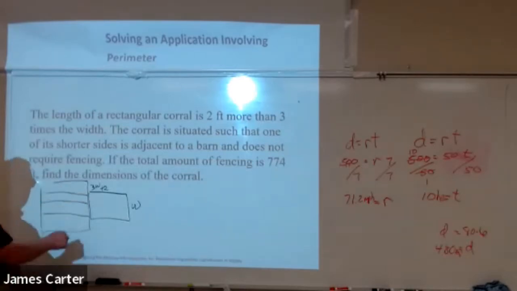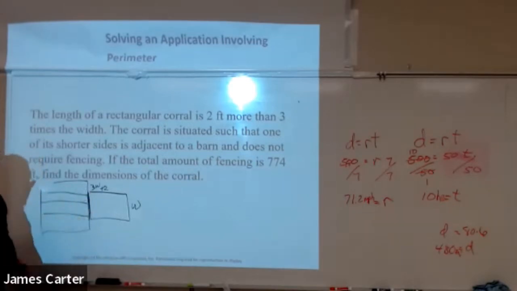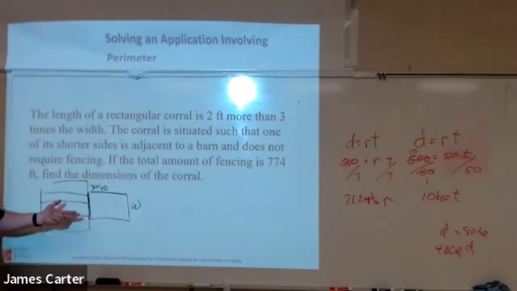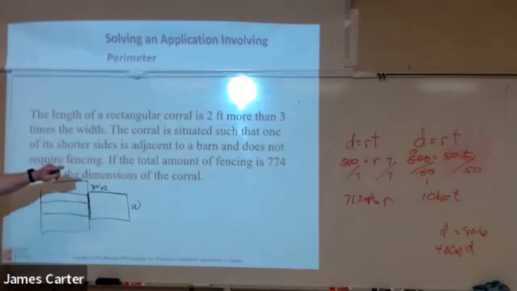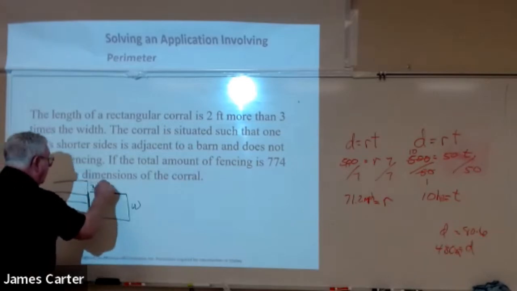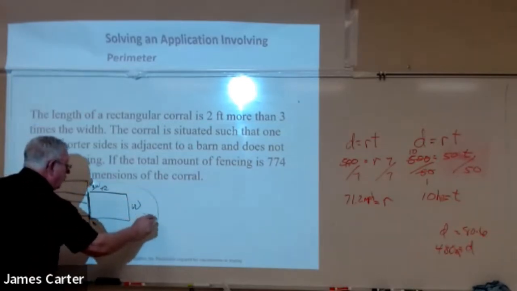So this is what we're talking about. They don't really need fence because they've got a building. This part doesn't require fencing. If the total amount of fencing is 774 feet, what are the dimensions? That means from here around to there is 774 feet.